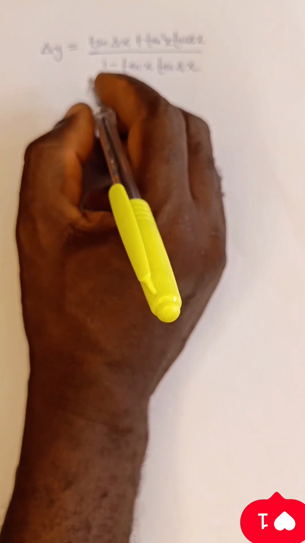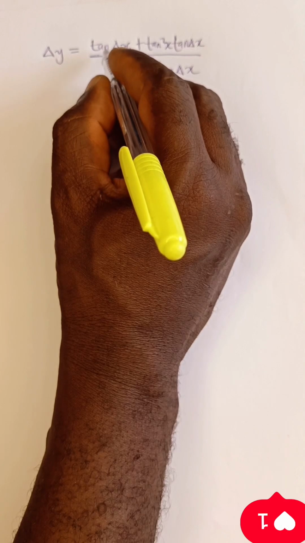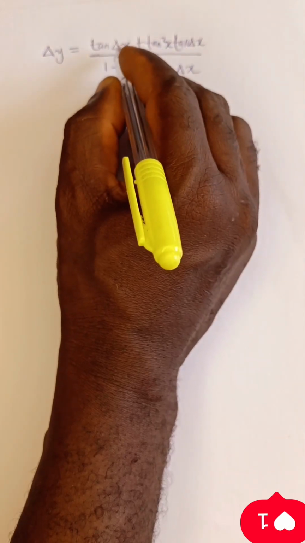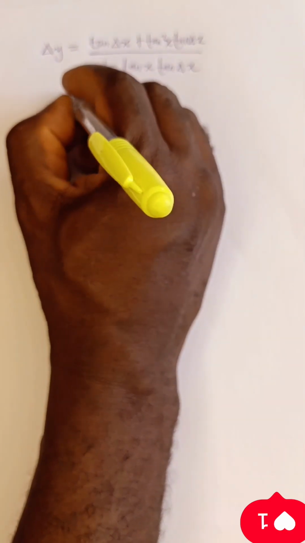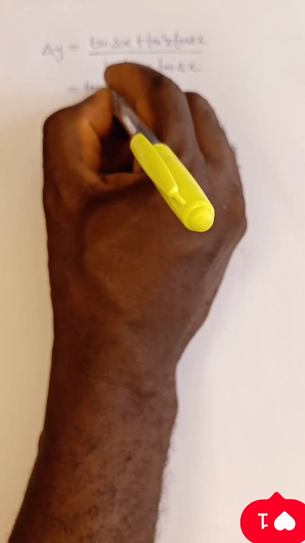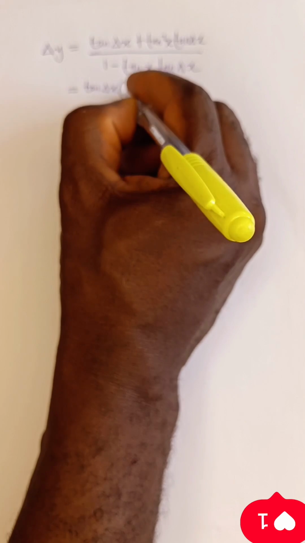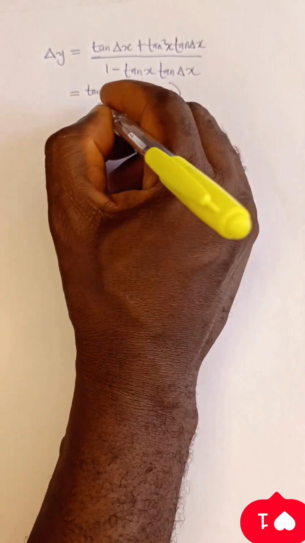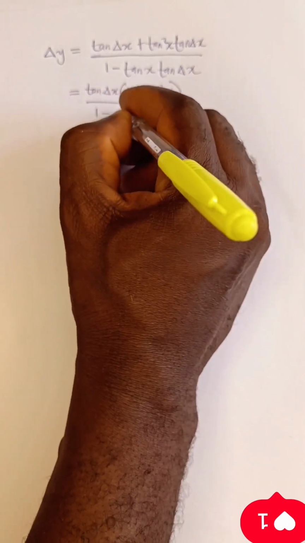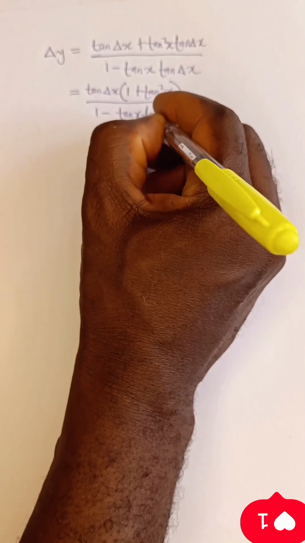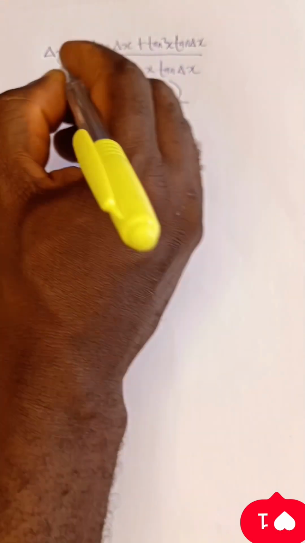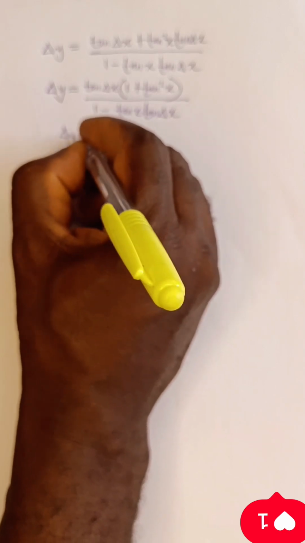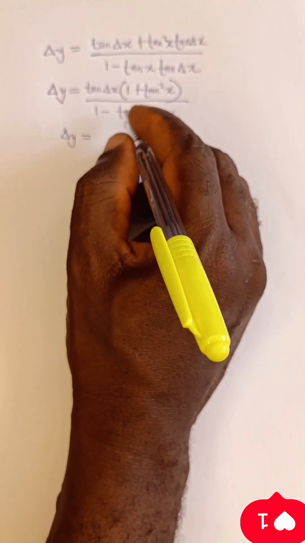Then we can factor tan change in x out, which will give us tan change in x into (1 plus tan square x), everything over 1 minus tan x tan change in x. This is still our change in y.